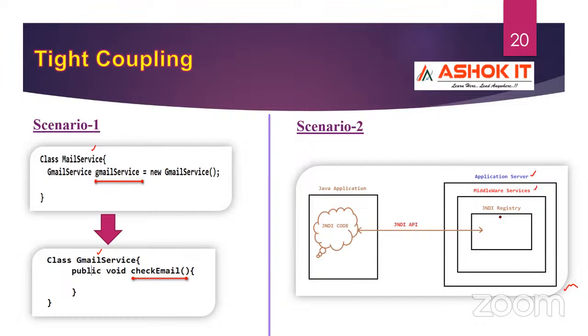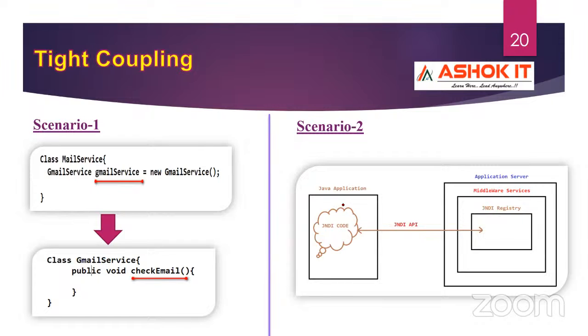Those objects are globally shareable in the project. Understand? Once you create an entry in the JNDI registry, those objects will be exposed to all the developers in the project, guys. So this is the Java naming directory.